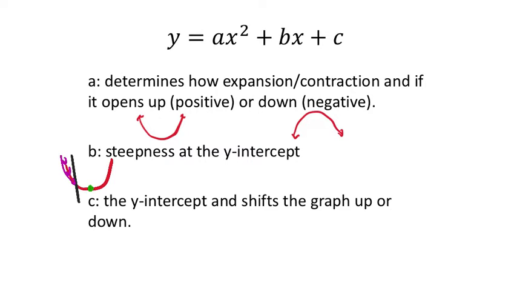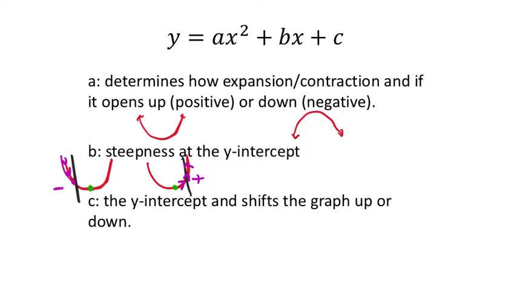Downwards, downwards, downwards, which would make the steepness at the y-intercept a negative. Okay, so if that happens, it's negative. If by chance we had the same parabola, but now the y-axis is on the right side of that vertex, you can see it's going to go up, up, upwards, and so this would then make it positive.